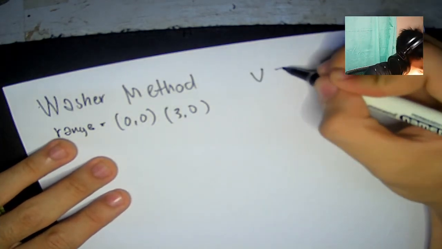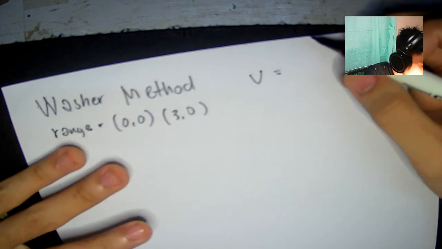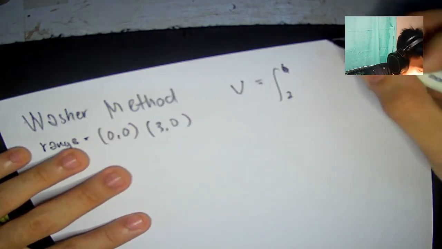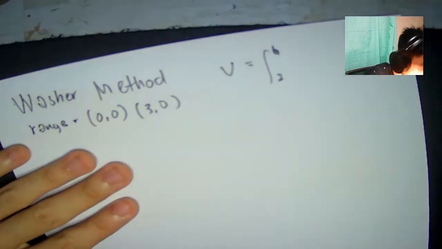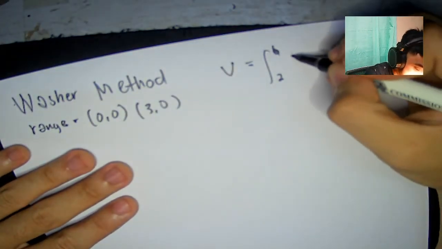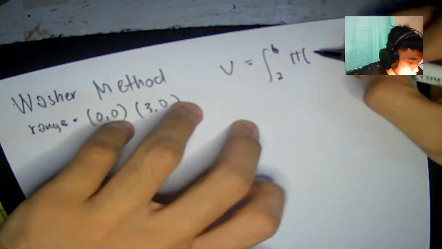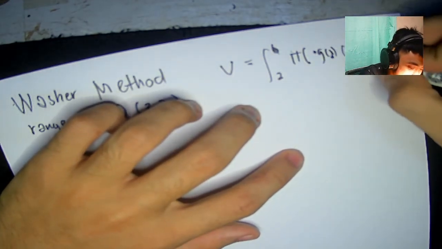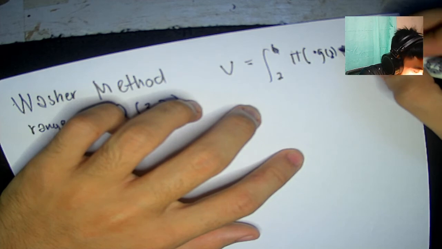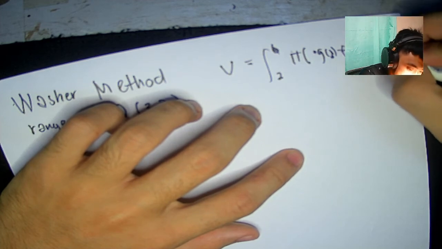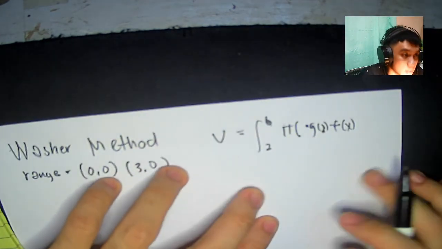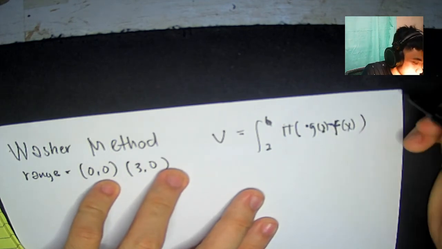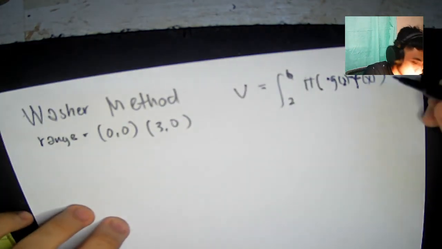So V equals pi times the integral of g of x minus f of x, dx. Sorry for my handwriting.